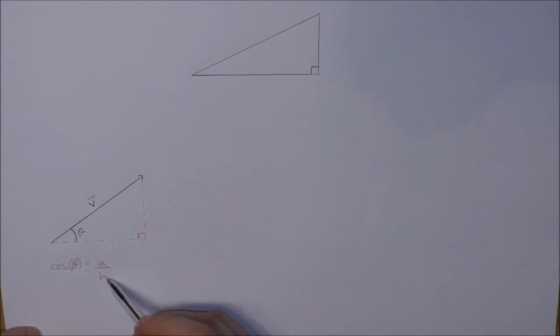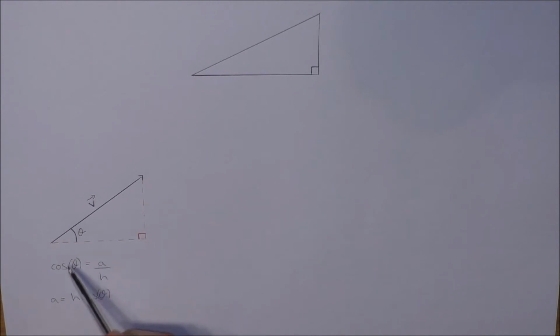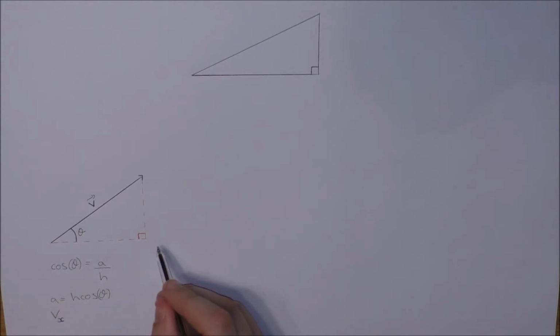So if I multiply h up here, I can say that the adjacent equals h cos theta. And a way that I can write that for this particular vector is that Vx, the proportion of this vector that is going along the x-axis here, is equal to V cos theta, like that.